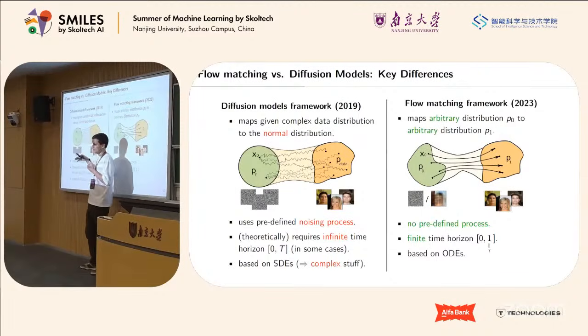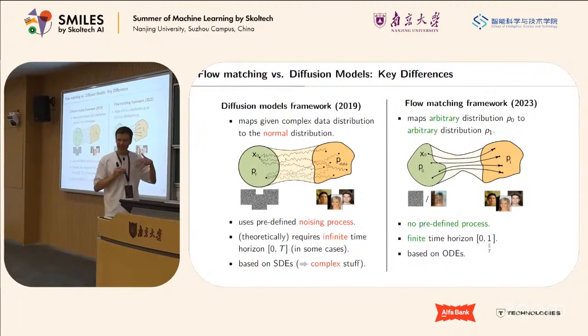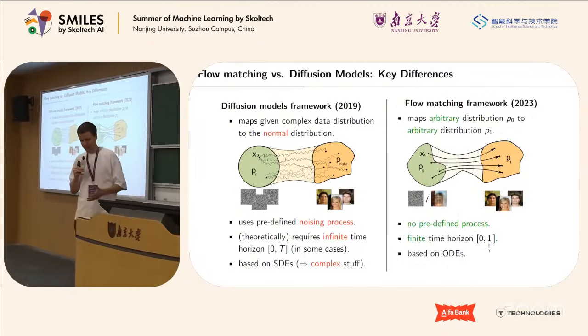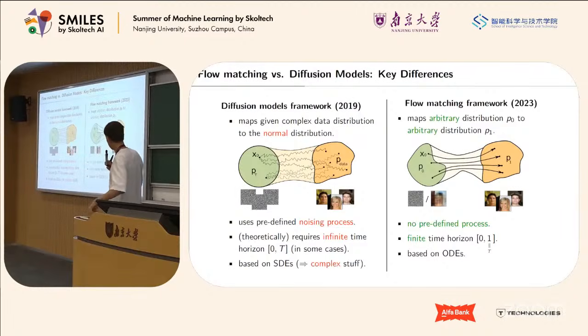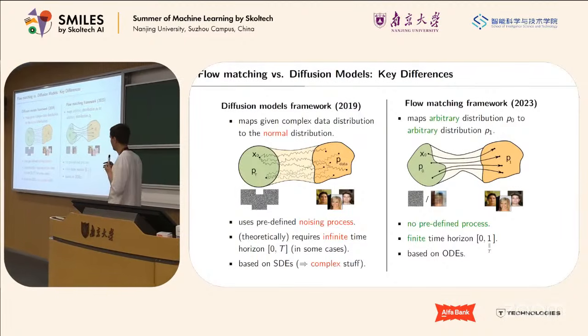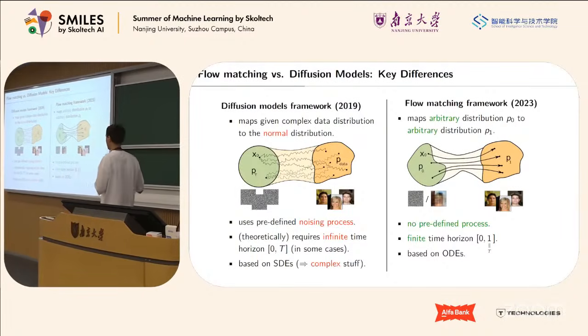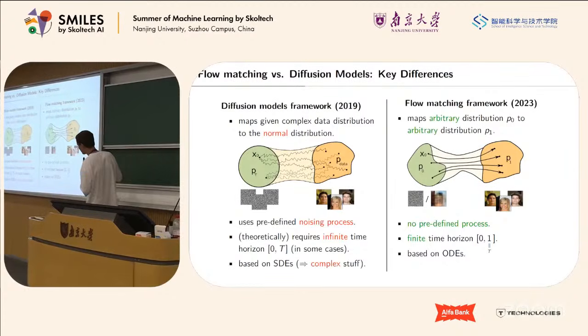And all these diffusion models are based on the concept of stochastic differential equations. And what we are going to discuss today, the flow matching framework, is a very related framework, but it has several differences from standard diffusion models. First of all, it will be based not on stochastic differential equations.